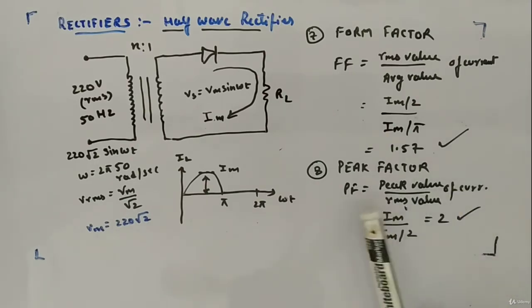Peak factor is the peak value of the current divided by the RMS value of the current. Peak value is Im, RMS value is Im by 2, so peak factor comes out to be 2. Now we will look at more important properties, that is efficiency and transformer utilization factor.